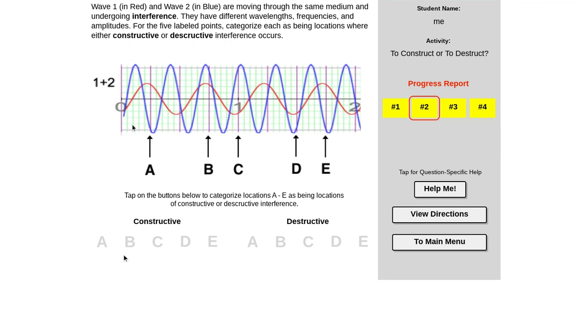Let's go along line A right here. The arrow is pointing vertically through here. Our two waves are a red wave and a blue wave. We can see the red wave is in a crest position at the moment it passes over a blue wave in a trough position. This black line represents the rest line, so anything above it is a crest, anything below it is a trough.